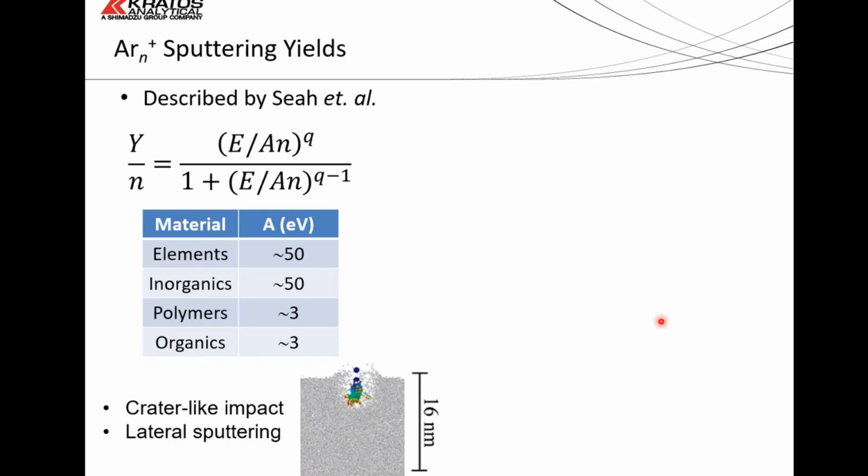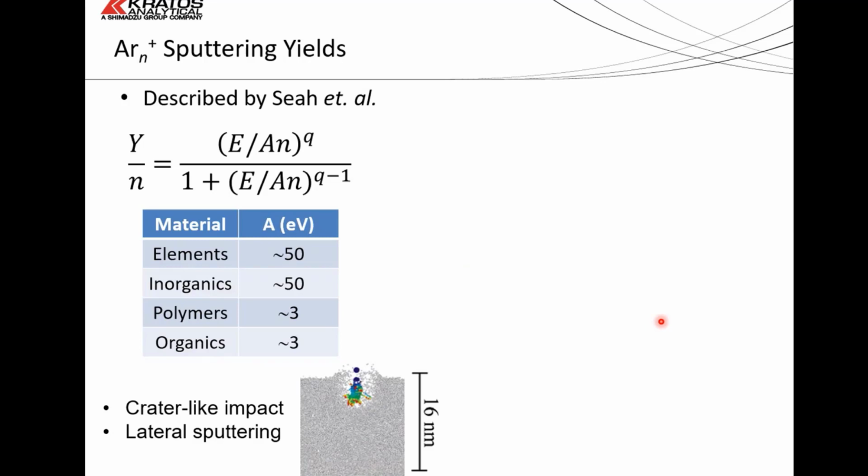In this formula, which is the master formula to describe the sputtering yields, the A parameter is material specific, so it relates to the surface binding energy of the target. Usually A for elemental targets and inorganics is pretty high, about 50 eV, whereas for polymers and organics it can be very low, about 3 to 4 eV.